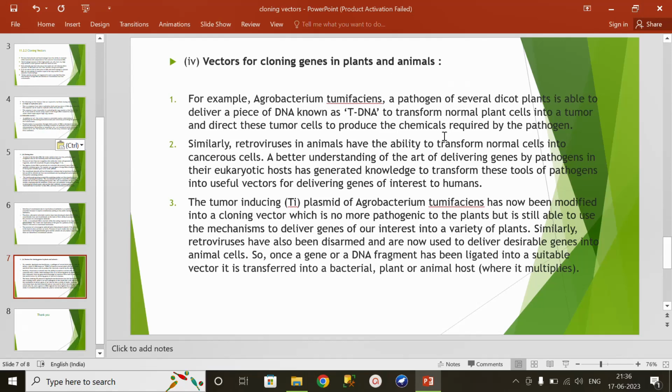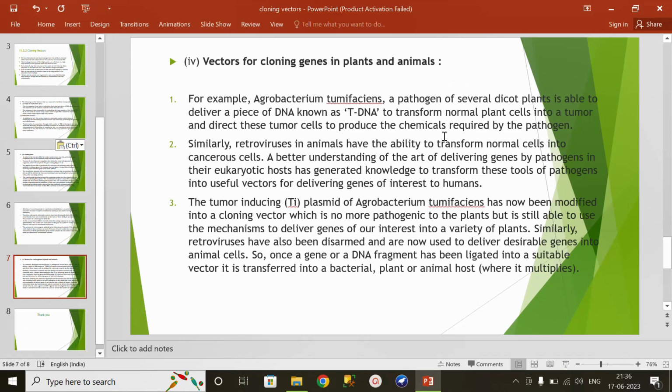So what are the different vectors that are used for cloning in plants and animals? For example, Agrobacterium tumefaciens. Agrobacterium is used for plant cells.